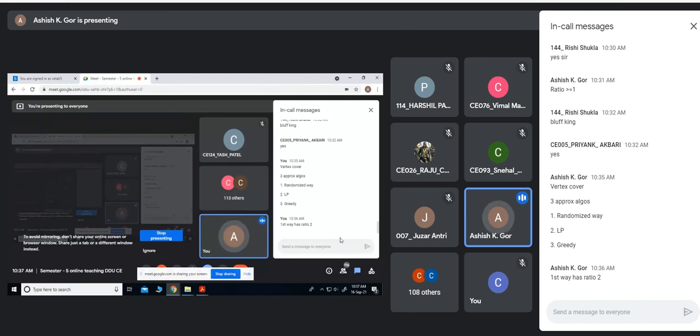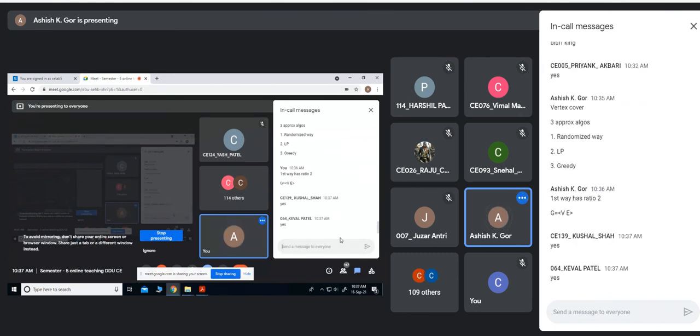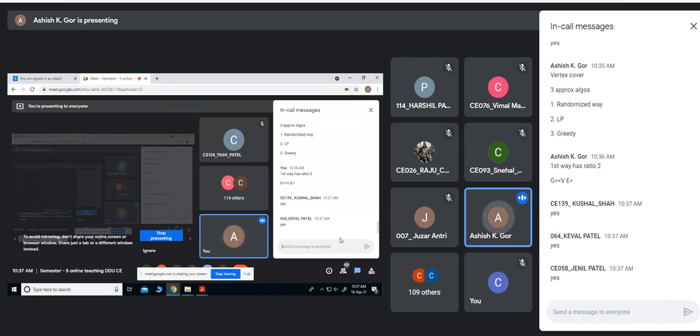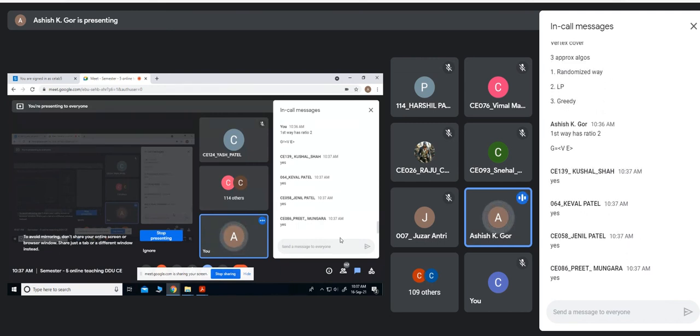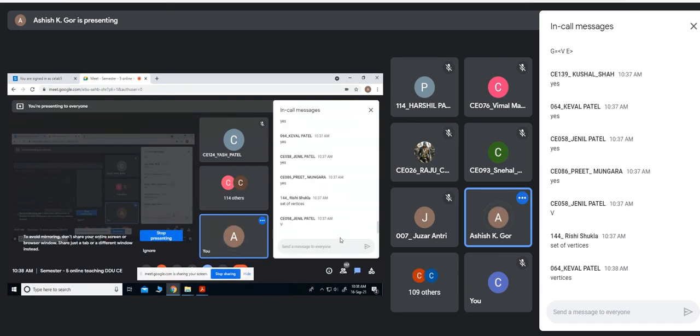Before ending, can somebody define quickly what is vertex cover? If you forgot, what is vertex cover? It's a graph V comma E. And what is a vertex cover? Is it a set? Vertex cover is a set. Yes, Kushal. A set of what? Yes, a set of vertices.